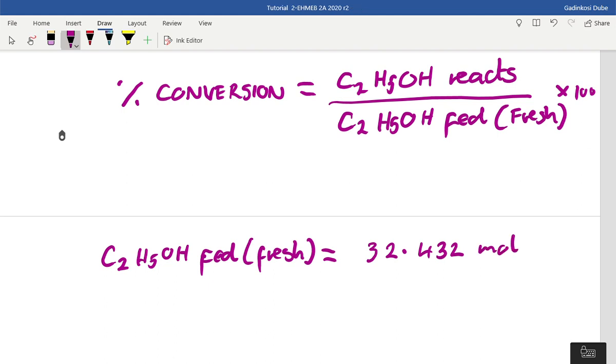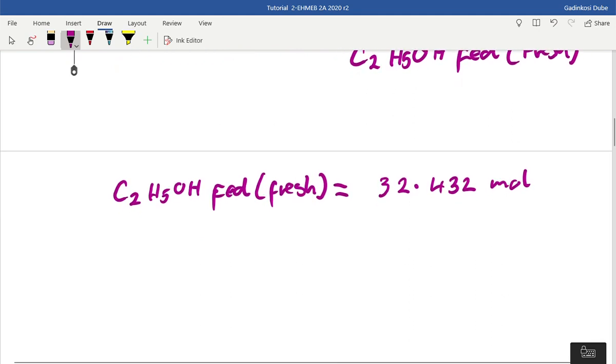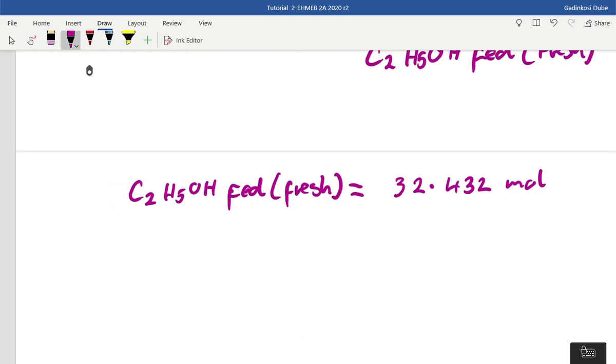Those are the moles of alcohol in the fresh feed, not the fresh feed stream. Since we have this ethanol in the fresh feed, we can convert it to a mass. Ethanol in the fresh feed, you write it like that because it's F.